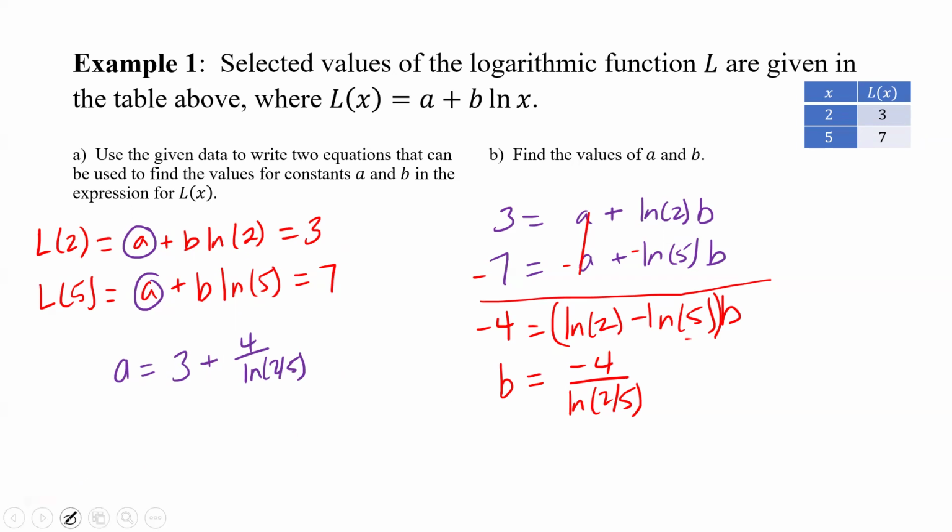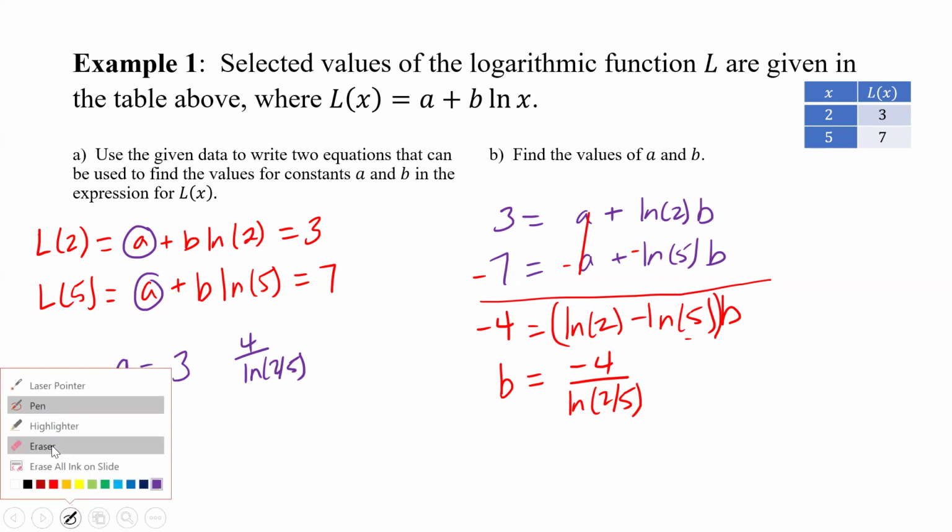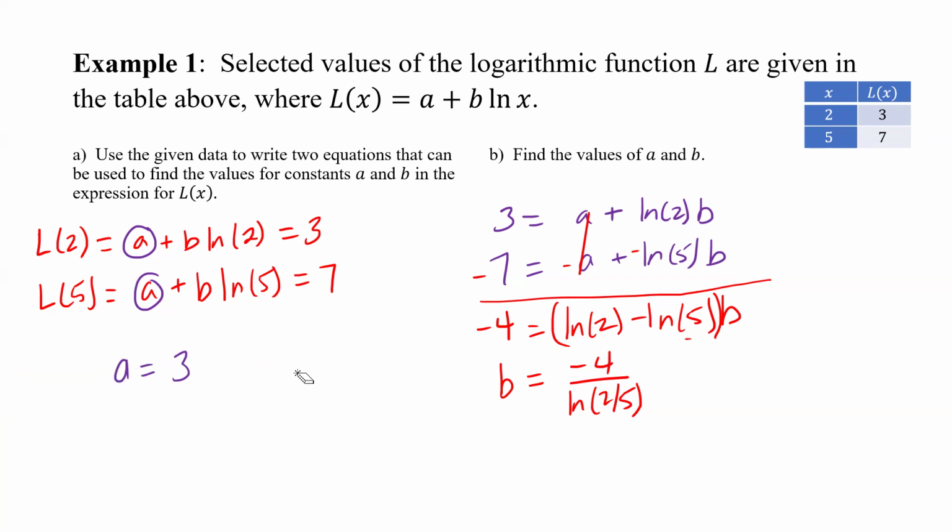Oh, hold on. I'm trying to shortcut it, and I apologize if that's throwing you off. I will not shortcut. So I want to make sure you understand. First thing I did, I subtracted to get A by itself. So A equals 3 minus B natural log of 2.